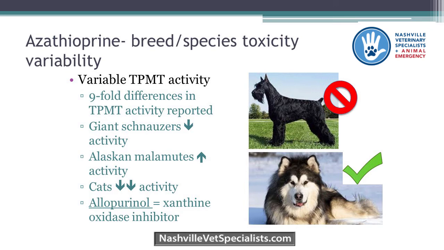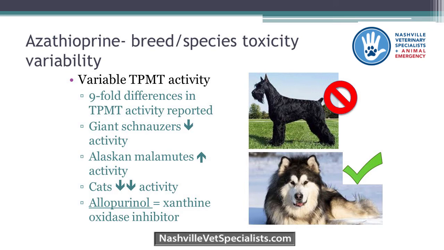There are 9-fold differences reported in this enzyme among dogs, but giant schnauzers have really low activity, which means that you're going to have, once again, more substrate left over for the active metabolite, which is going to cause your therapeutic but also your adverse effects. Since they have low activity, you don't want to use that drug in this breed because they're going to have a higher chance of toxicity.